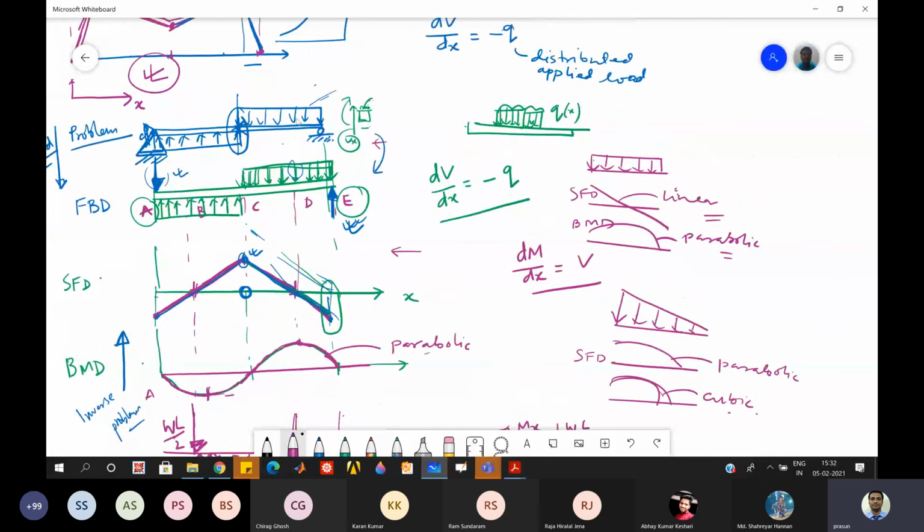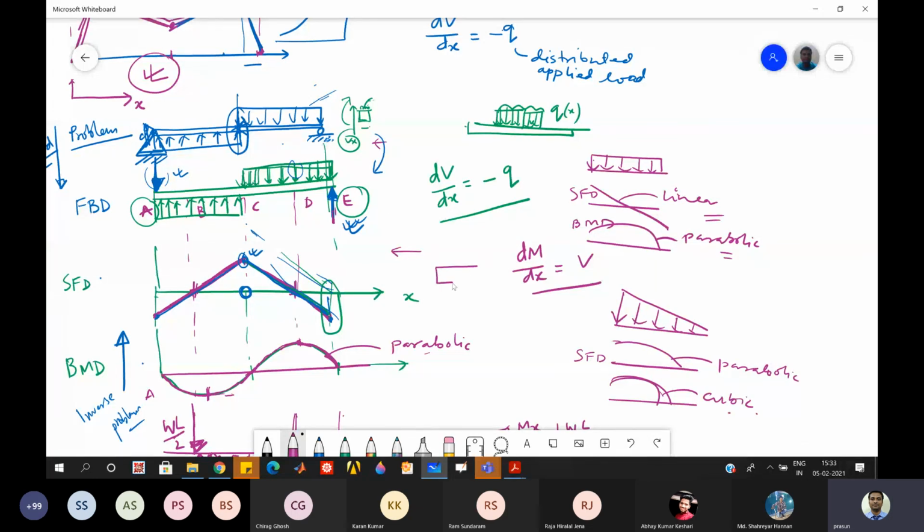That's why I told you we have to look back here. So here there is a shear force. That means this shear force is due to this loading, right? For this case, this loading has to be higher than this one, right?